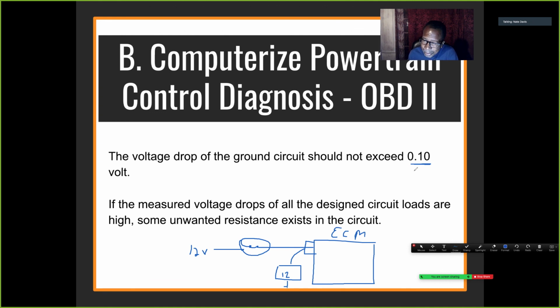That's why I said to back up to this. 0.1 is a given number. On a transistor, it might be a little higher, but let's go with 0.1 right now. Anything higher than 0.1 on the ground side, you got resistance, except if you got system voltage. It means you have no ground at all. So using that same theory, you can use it in your diagnostics.